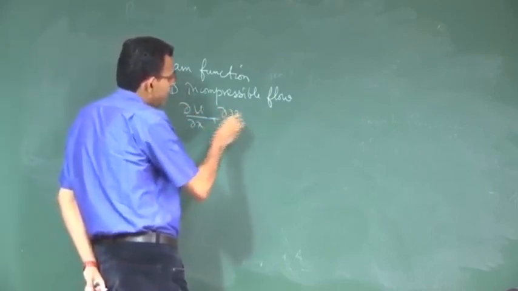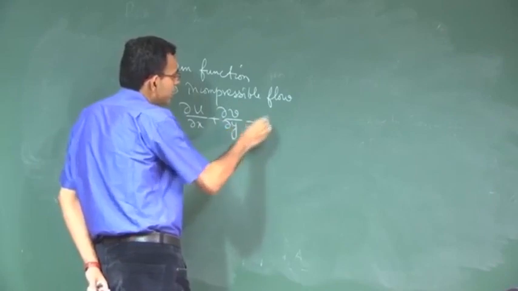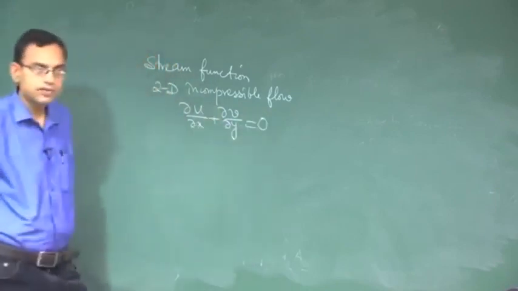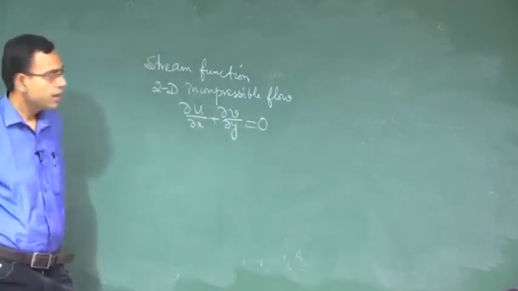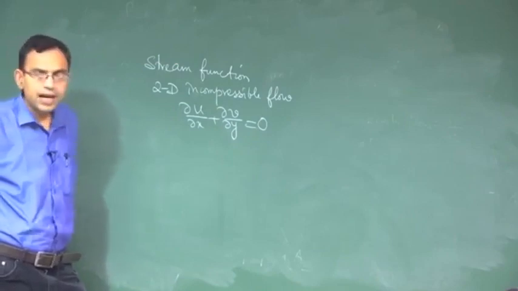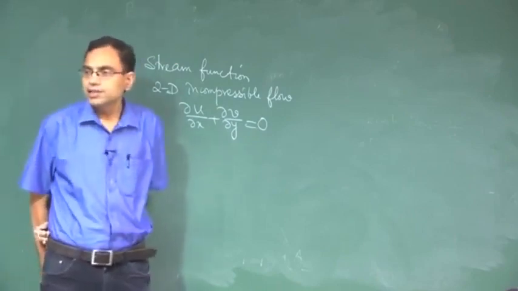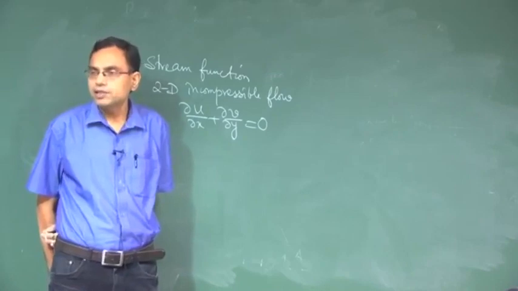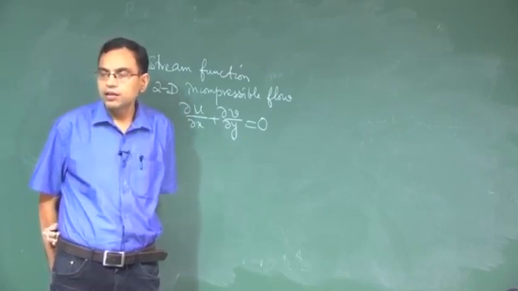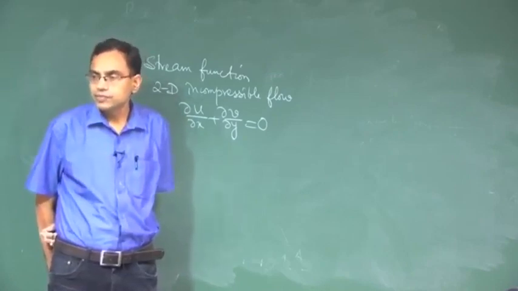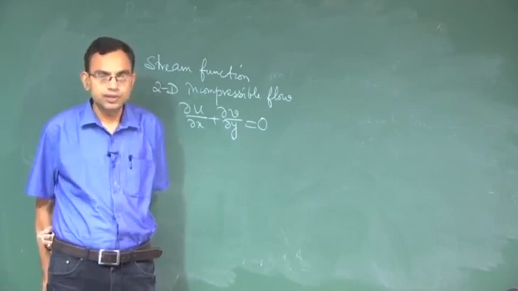You may call it related to continuity, but it is also a kinematic constraint. The problem in handling this equation is that there are two dependent variables, u and v, but it is just a single equation.